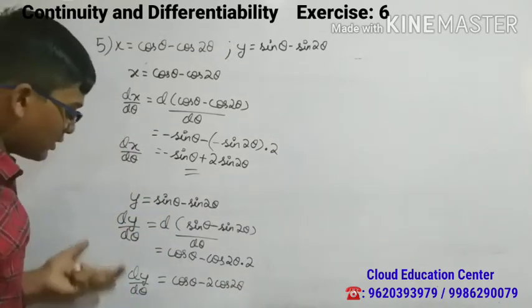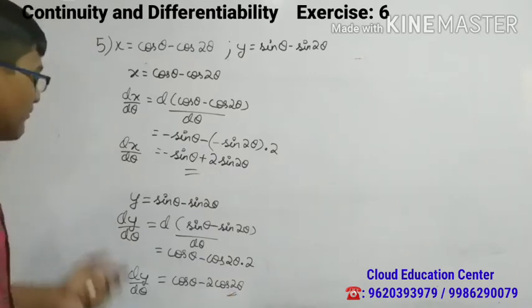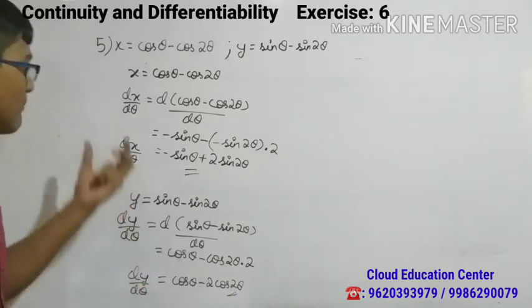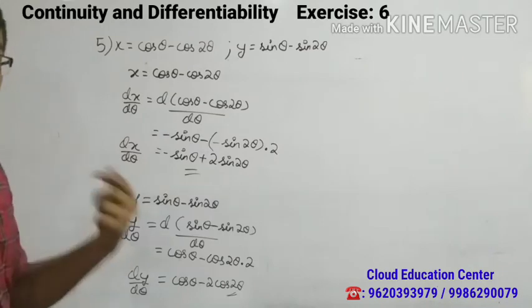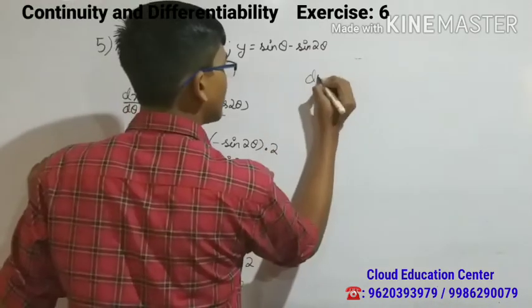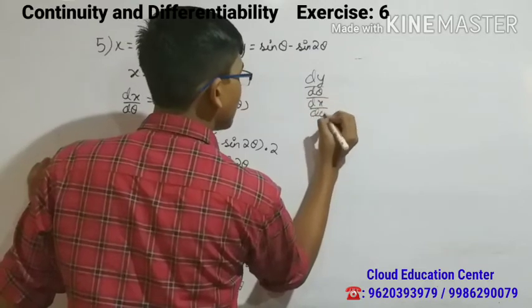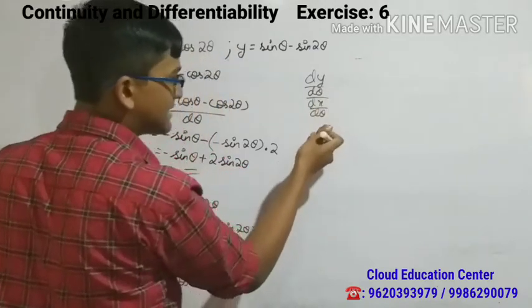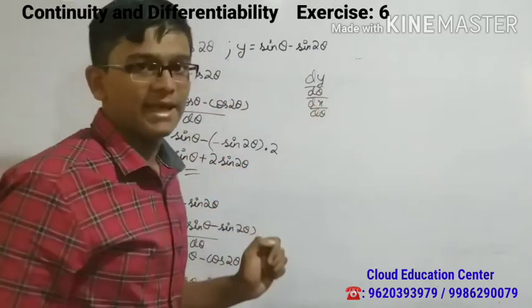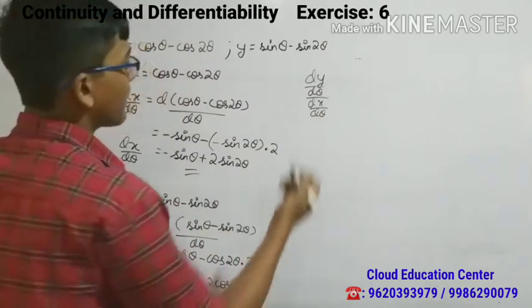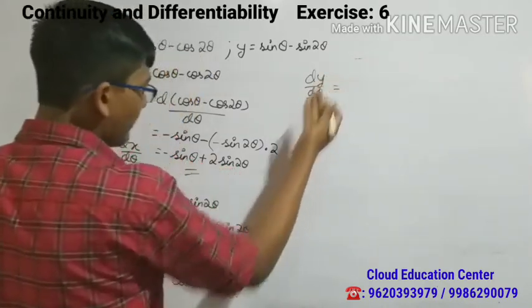Okay, now I have obtained two equations. I am dividing dy by d theta by dx by d theta, because when I do that, the d theta gets cancelled and we remain with dy by dx, and that is what we have to find, which is equal to, what is dy by d theta?